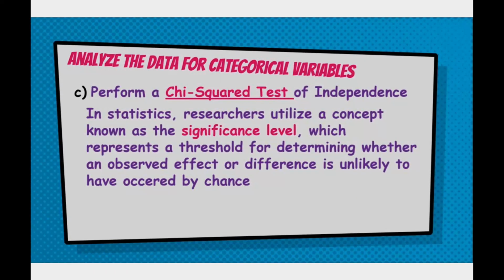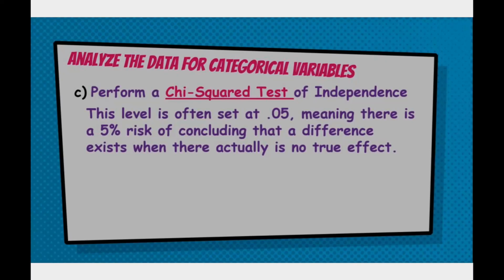In statistics, researchers utilize a concept known as the significance level, which represents a threshold for determining whether an observed effect or difference is unlikely to have occurred by chance. And this level is often set at 0.05, meaning there is a 5% risk of concluding that a difference exists when there is actually no true effect.